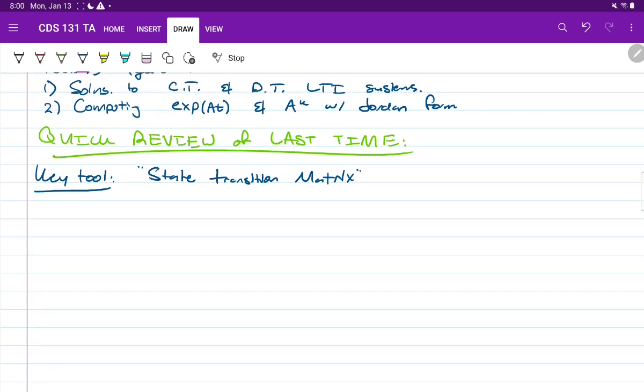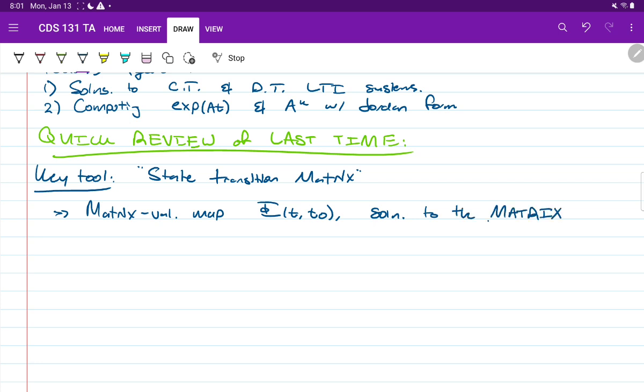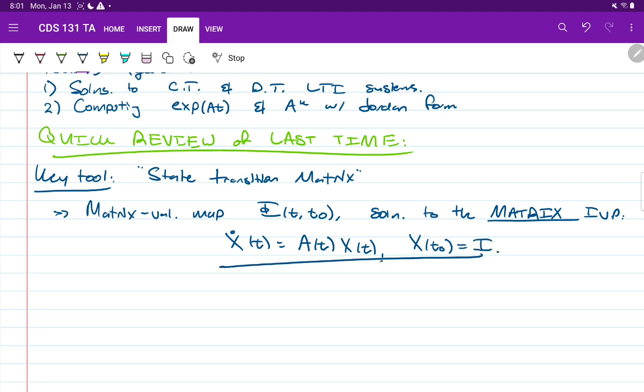The state transition matrix is a matrix valued map phi of t comma t naught, which is the solution to the matrix initial value problem x dot of t equals A of t, x of t, and initial condition x at t naught equals the identity matrix. We said that the state transition matrix is the unique solution of this matrix initial value problem.